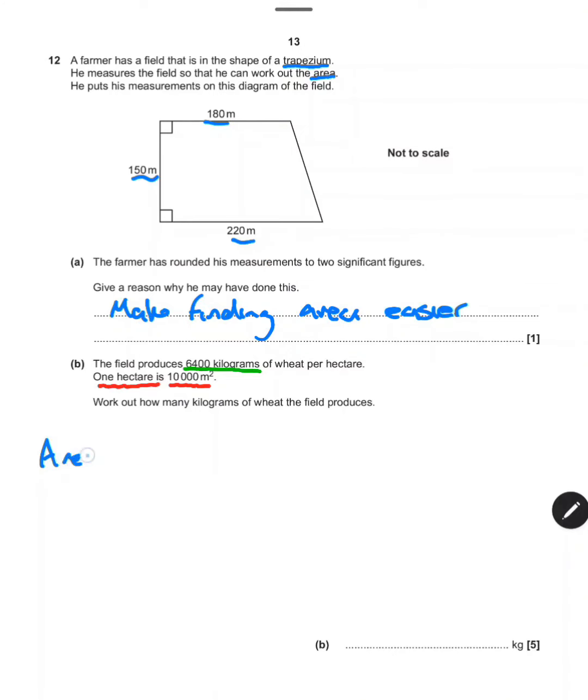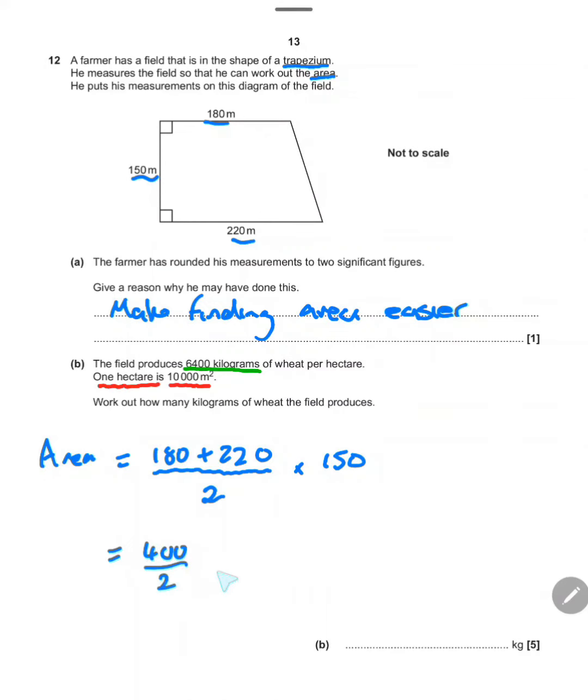And the area of a trapezium is given by these parallel sides added together. And then we divide that by 2. And we're going to multiply by the perpendicular distance between them. 400 divided by 2.